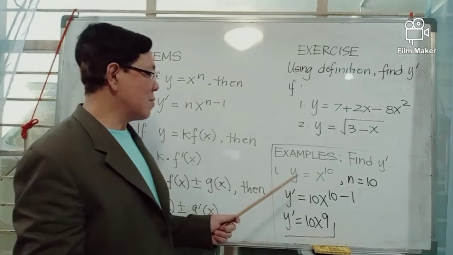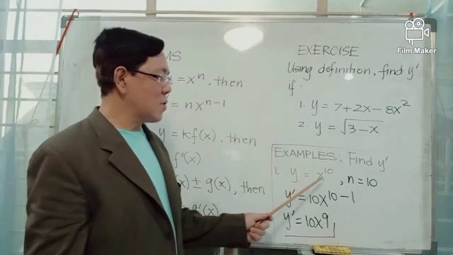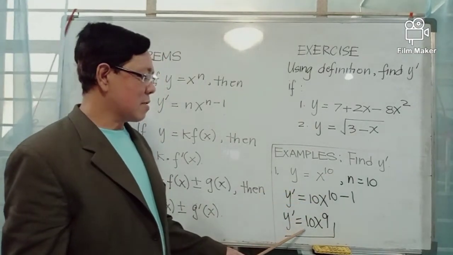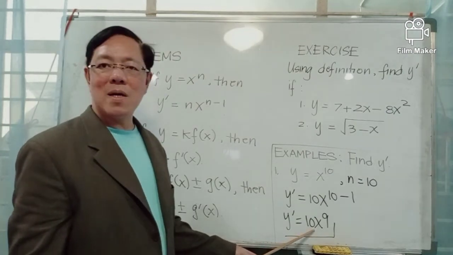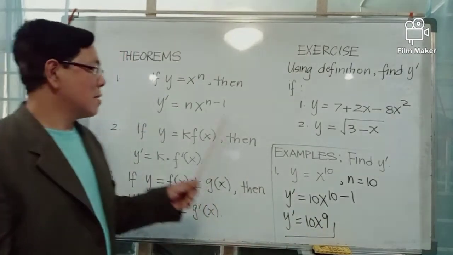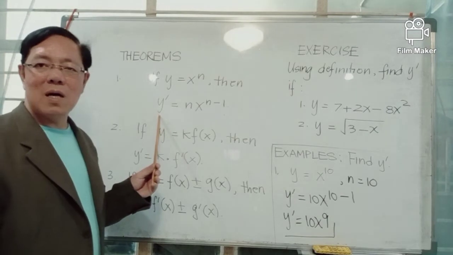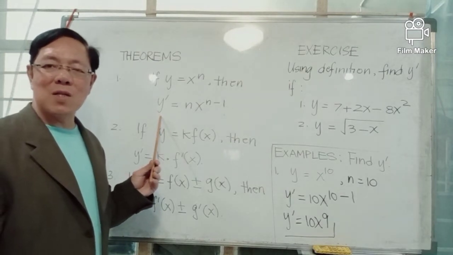Hence, the derivative of the function y equals x to the power 10 is 10 multiplied by x to the power 9. And we have employed the first theorem on differentiation.